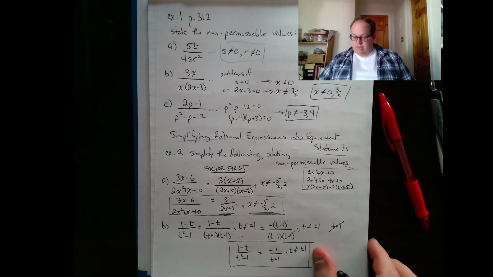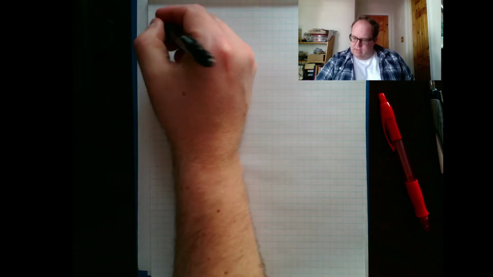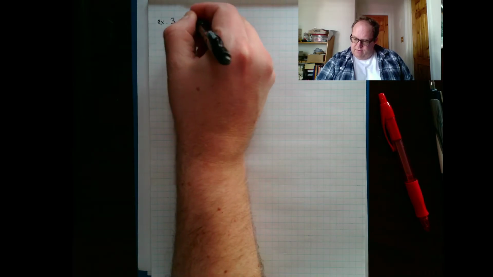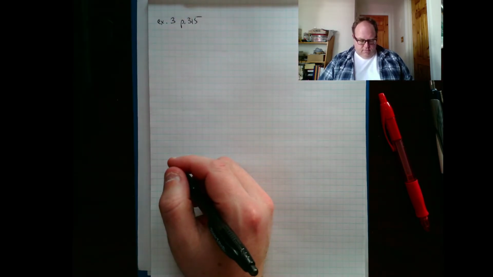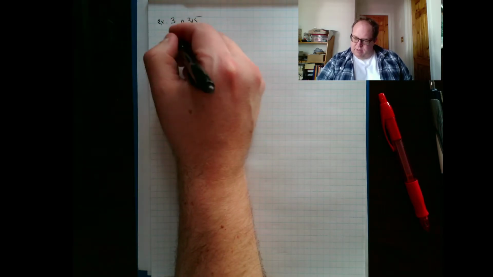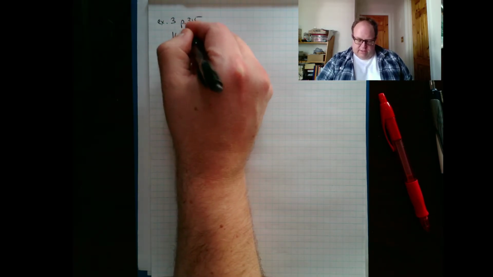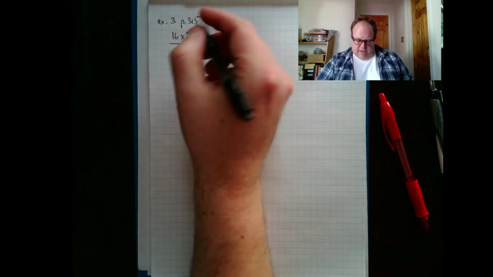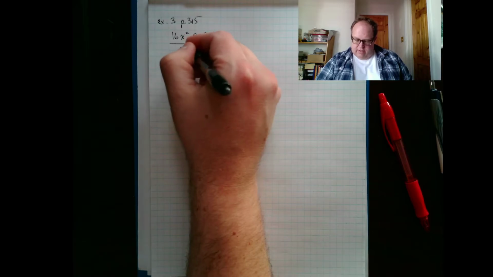A couple more examples. One more example. This is example 3 from page 315. We're given a series of questions on the rational expression 16x squared minus 9y squared divided by 8x minus 6y.